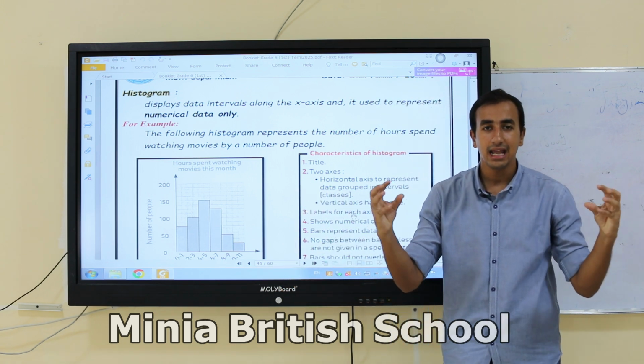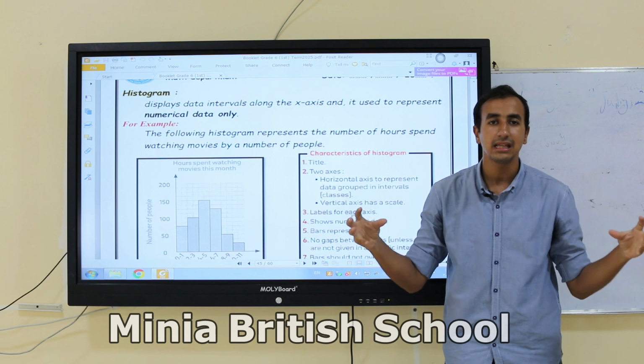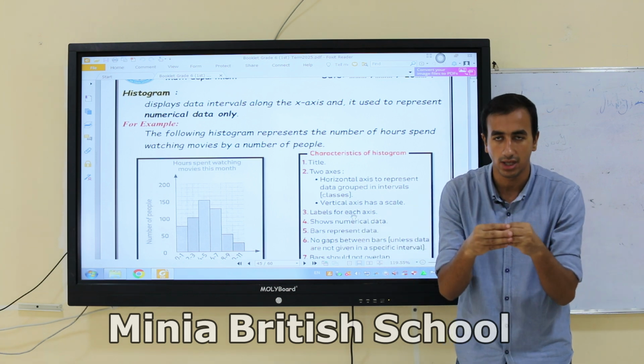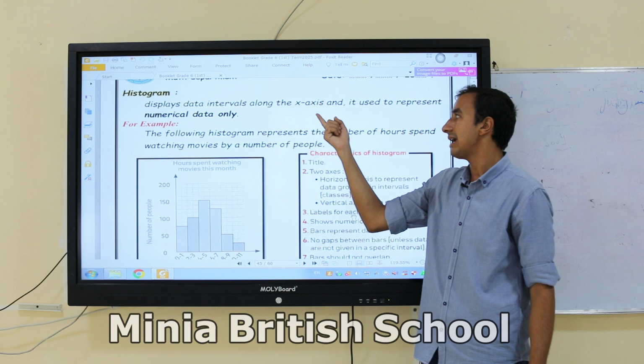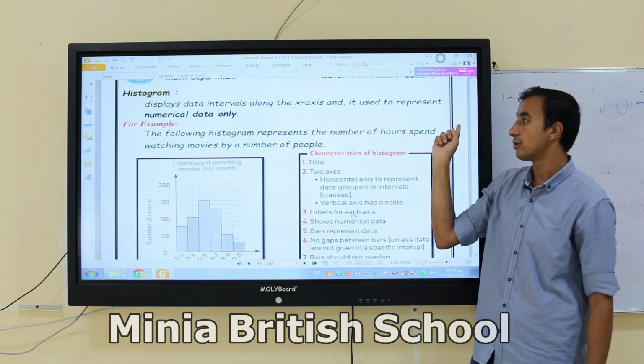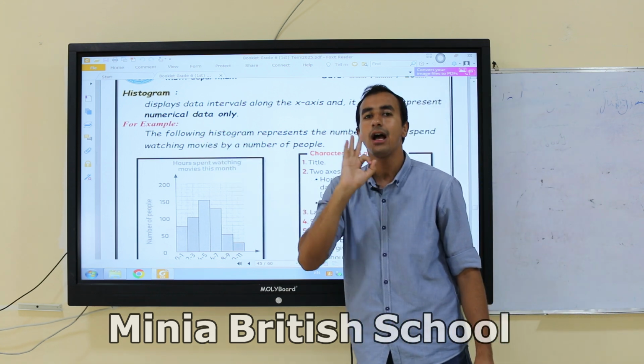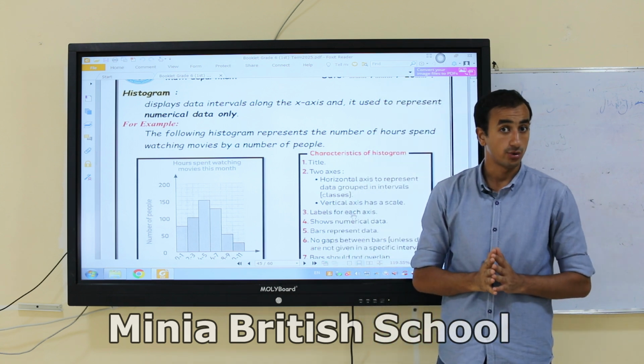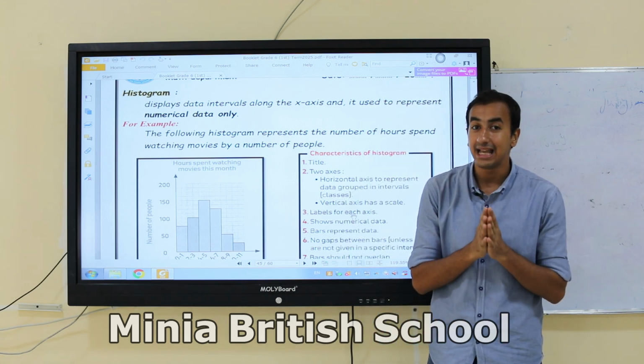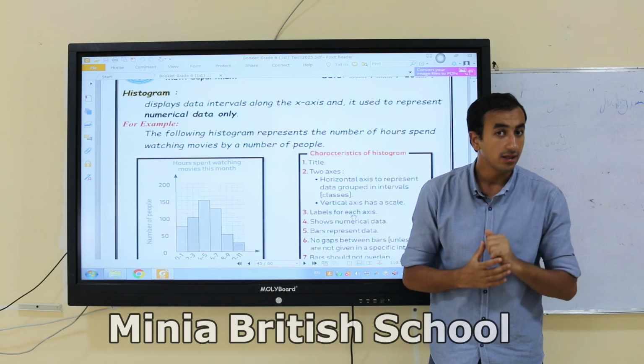I can merge this data by interval. That's called an interval along the x-axis, and it is used to represent numerical data only. So a histogram represents numerical data only, not categorical data.